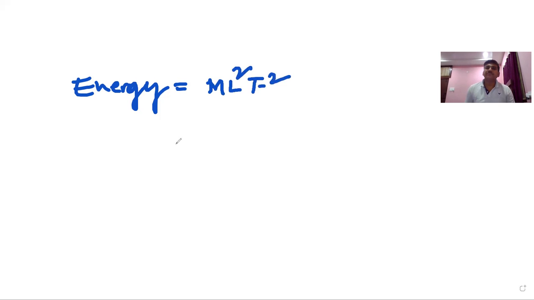Another example I will take up is energy. Energy dimension formula is what? M L square T minus 2. So its units are kg meter square per second square.